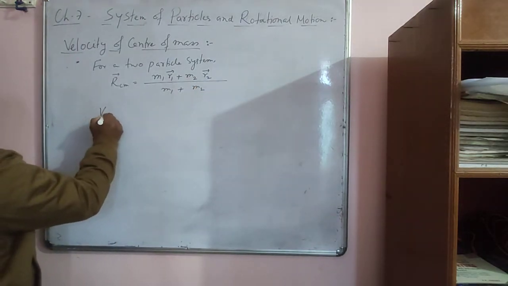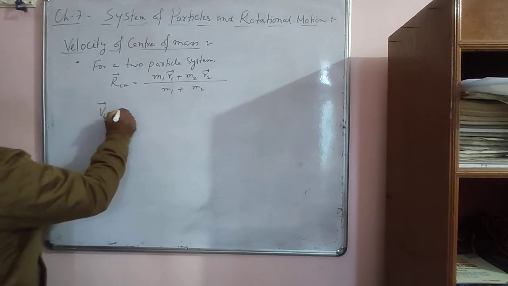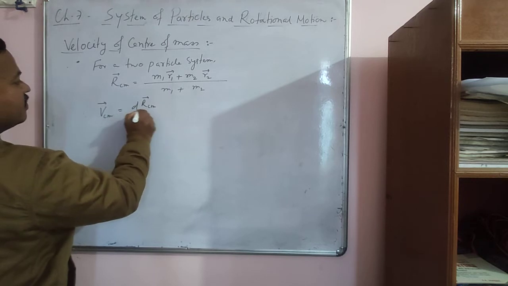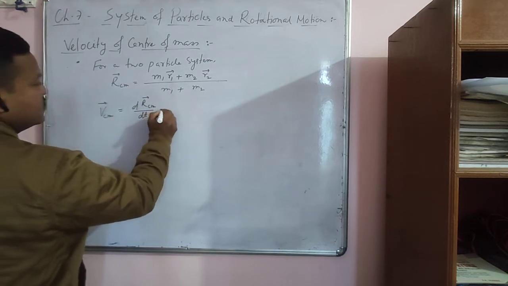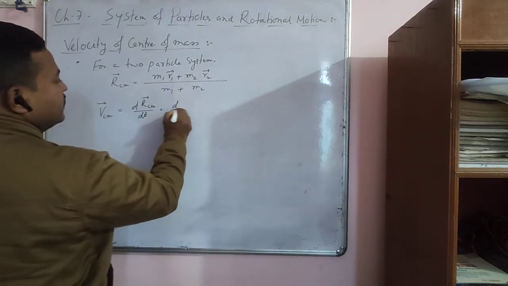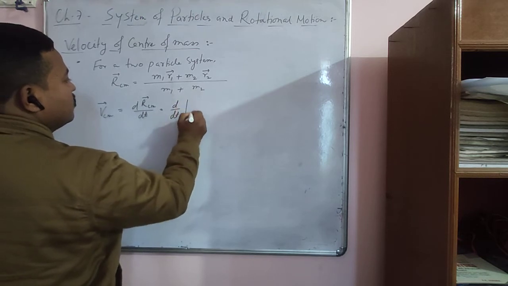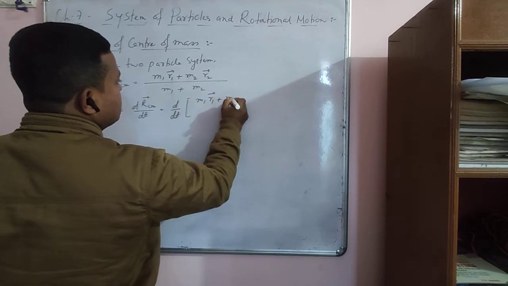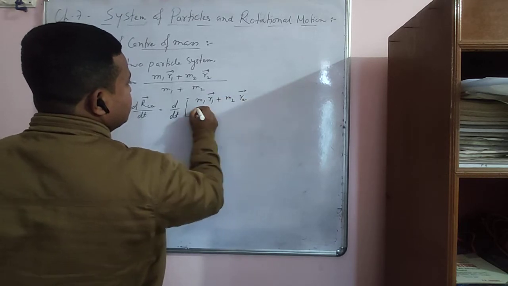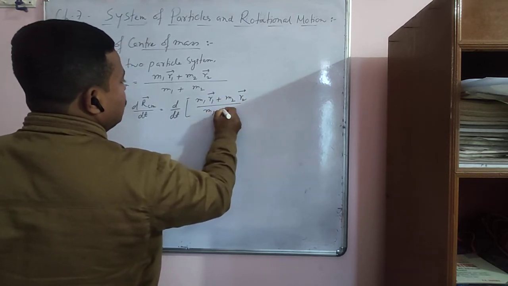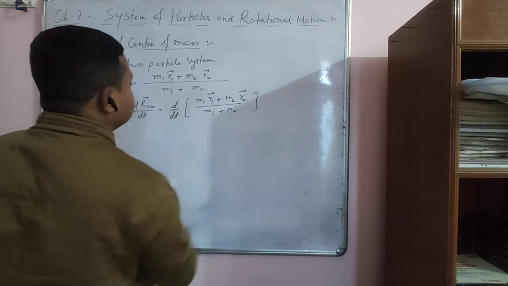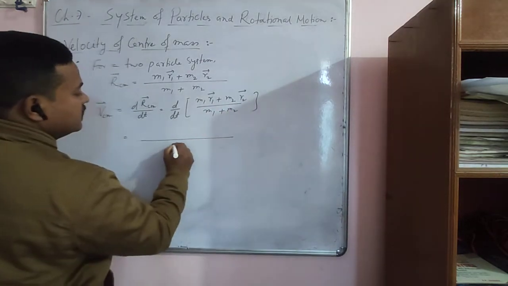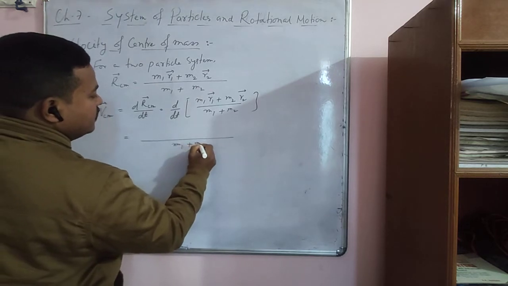So what is the velocity? V center of mass, we know, is dr by dt. So d RCM by dt, just differentiating it, is d by dt of M1 R1 plus M2 R2 divided by M1 plus M2.